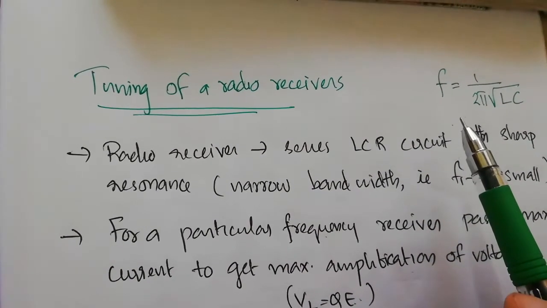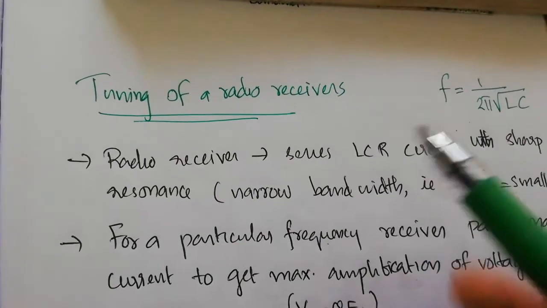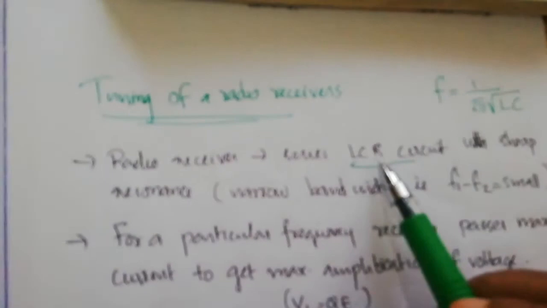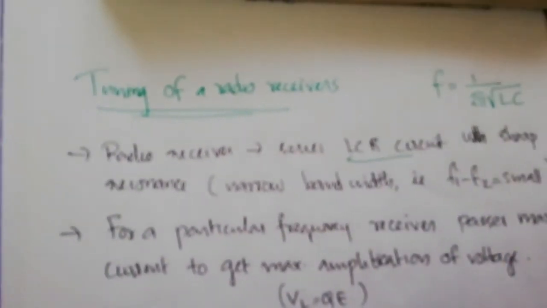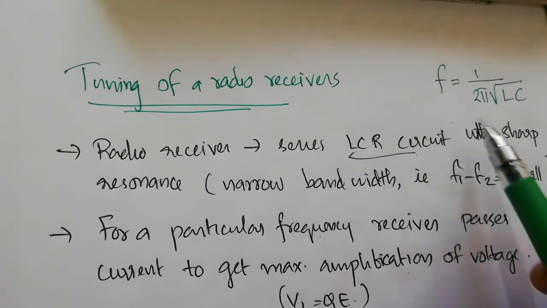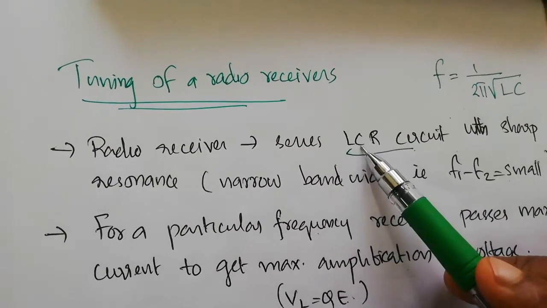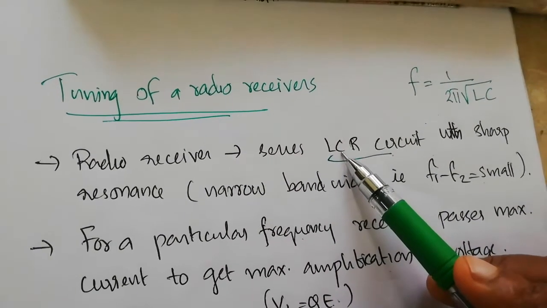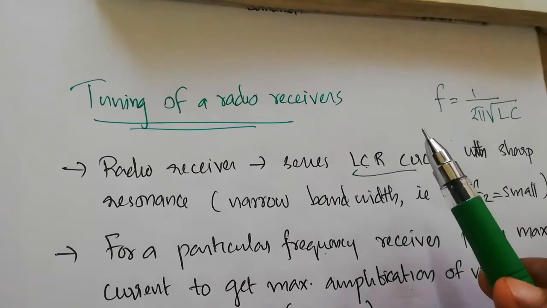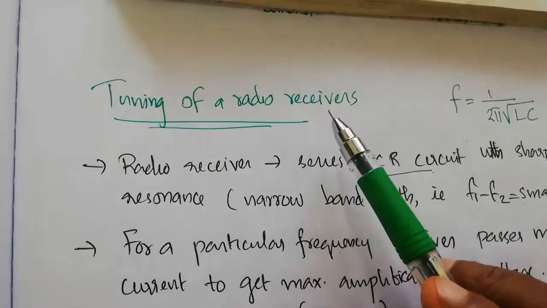In this way, we can vary the natural frequency of the series LCR circuit by changing the L or C in that circuit to select different radio signals. So, this is the principle behind tuning the radio receivers.